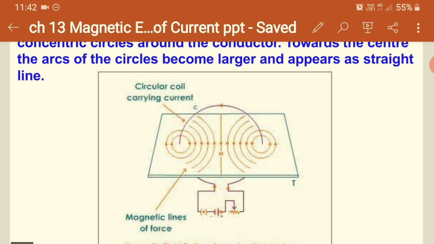Here we have learned that if the current direction is upward, the pole formed will be north pole, and if in the arm the direction of current is downward, the magnetic pole will be south pole.